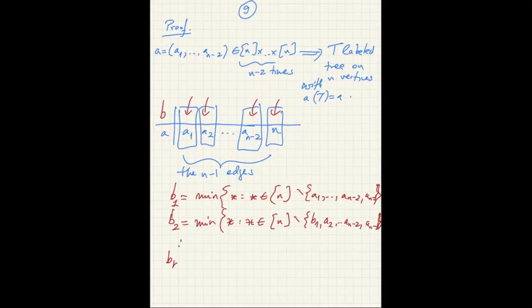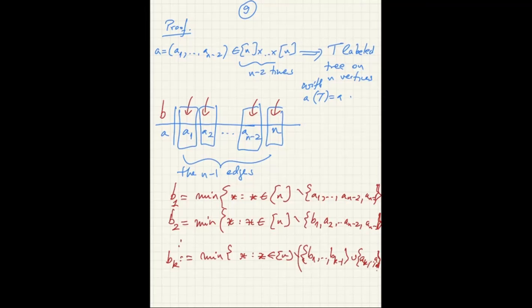So in general, Bk is the minimum over all x in the set n minus the vertices that were deleted already, B1 to Bk minus 1, and the other ones, Ak all the way to An minus 1.